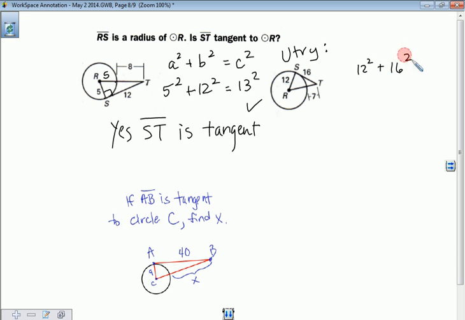Okay, so this is what you should have set up for this one. You should have noticed that this was 12, so this would have been 19 squared. So it is 144 plus 256. Does that equal 361?